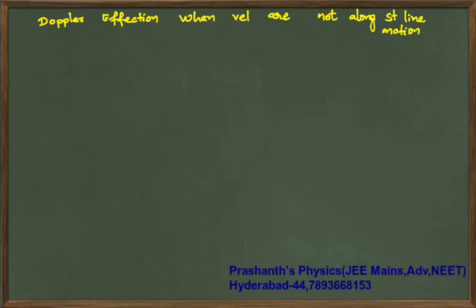For example, let us say there is a source. This source is moving with some velocity Vs. Now there is an observer, he is at some point O and he is at rest. Now if this angle is theta, your sound will always travel towards the listener.